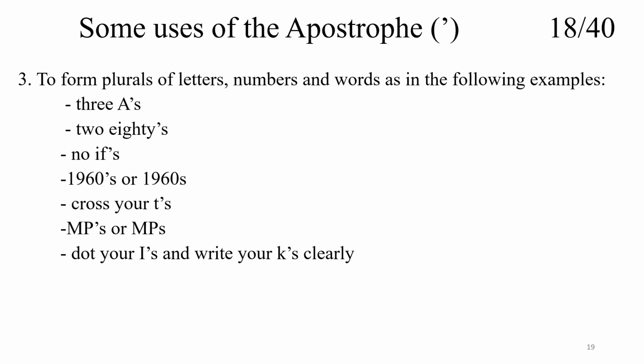If I say University of Cape Coast is the only university in Ghana, and I don't want to mention University of Cape Coast again in my sentence, I can say its students are intelligent, right? That is when I will use its without the apostrophe.